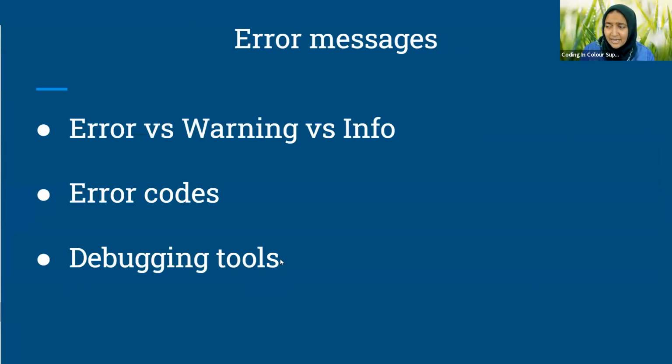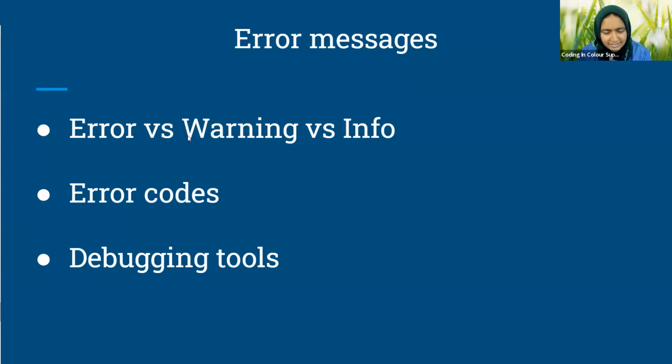For error messages, I didn't want to get too detailed because we have not started looking at the code yet, but when we do, there are different kinds of messages you receive in your IDE, like VS Code. One is an error report: the program has crashed, this is what happened, this line is the problem.